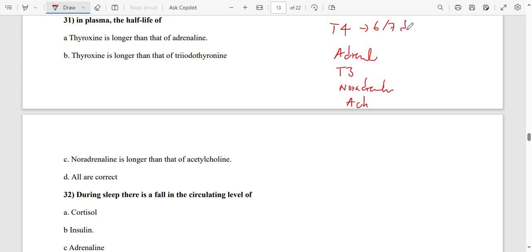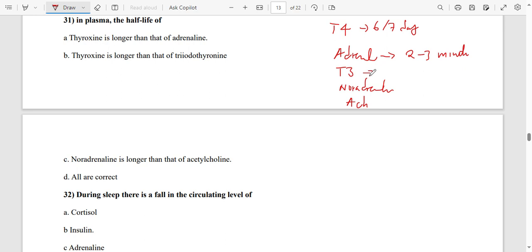So 6 to 7 days. Now half-life is just telling us about the time it takes when this hormone is in the blood for it to reduce to half. That's half-life. And then the half-life of adrenaline is just around 2 to 3. This one is in minutes.